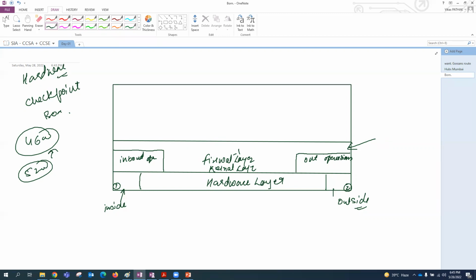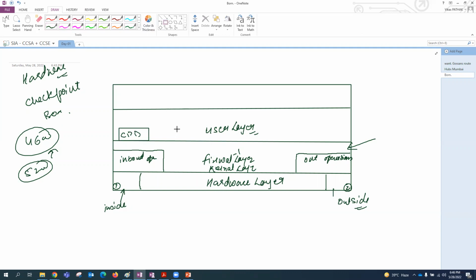After this, you will be having the user mode, or you can say user layer. At this layer, you'll be having multiple daemons working. For example, one daemon is called CPD, the checkpoint daemon.